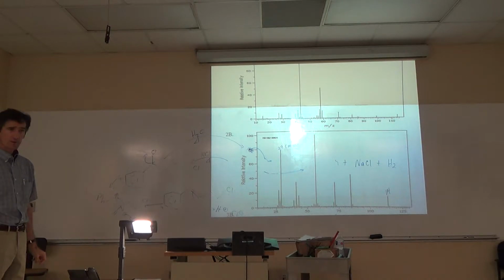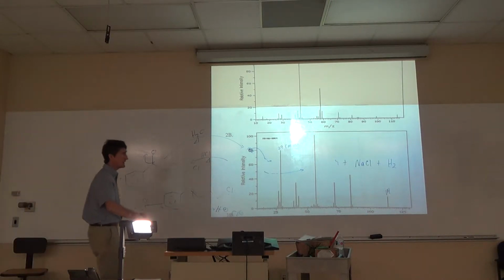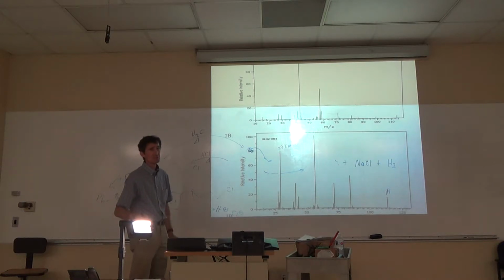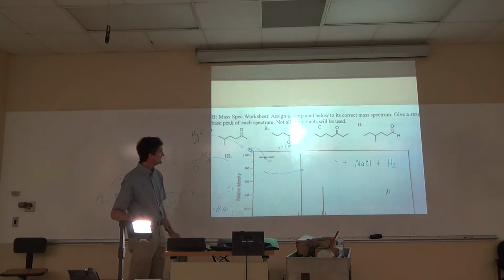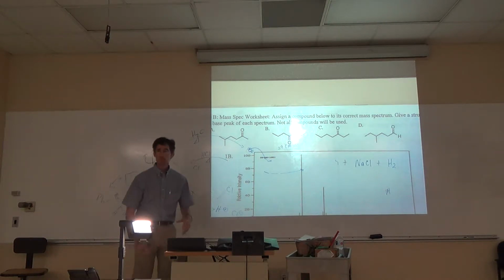Are you wondering how we get that? Yes, because D could also make an M minus 85 peak potentially. I don't know, I'd have to look at it. It seems like it may be a peak that we shouldn't even be worrying about. Which ones can give M minus 85? D could. Let me think about 29.